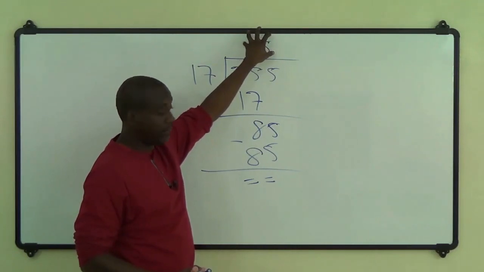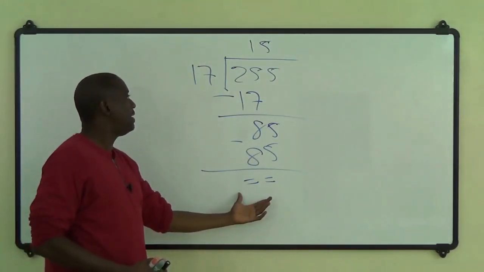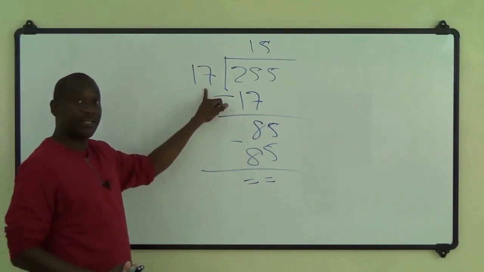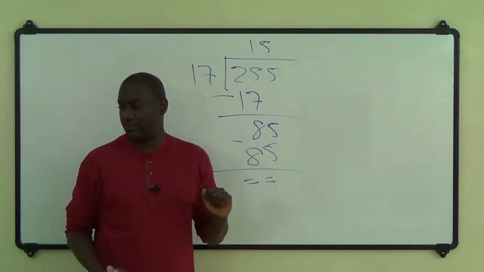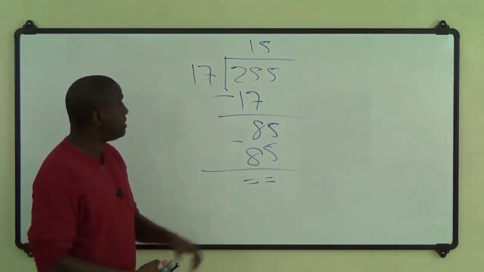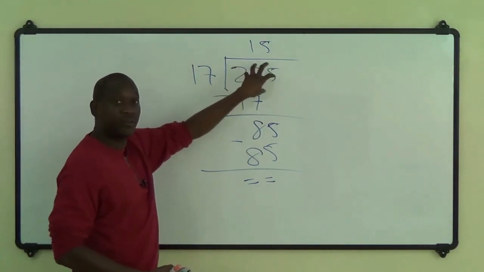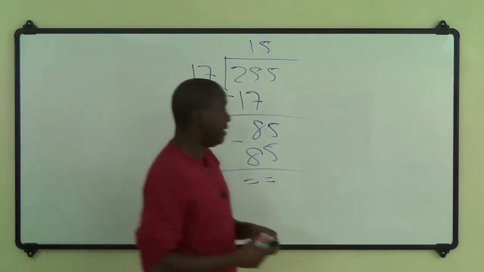And of course, you have a remainder here, which will be 0 if 17 is a, listen to the vocabulary now, factor of 255. So in other words, if I want to factorize 255, you hear the vocabulary, yeah?